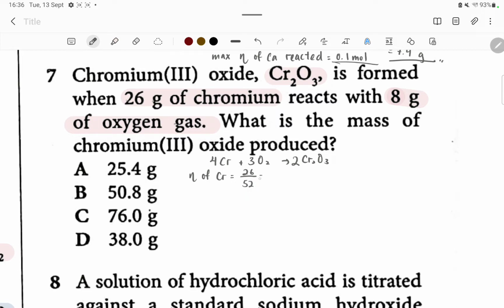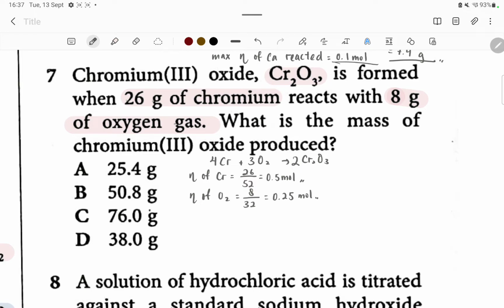This one you should get 0.5 mole. And then when they give you both, it's actually better to count the number of moles for both. So oxygen also, this one should be 8 over 32 because 2 times 16. So this one you should get 0.25 mole.